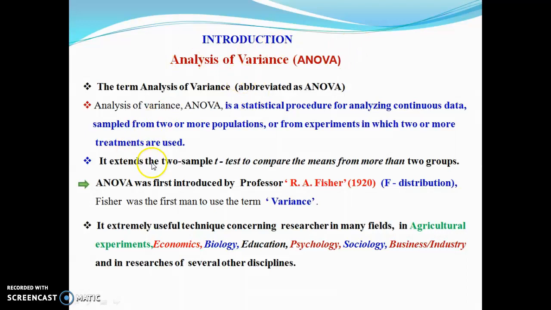It extends the 2 sample t-test to compare the means from more than 2 groups. The systematic procedure of this statistical technique was first introduced by Professor R.A. Fisher in 1920, and the F distribution was named in his honor.